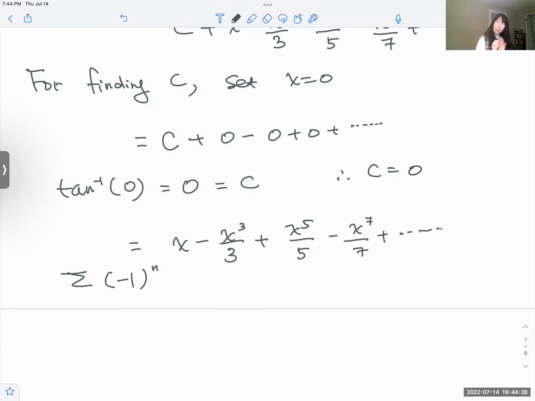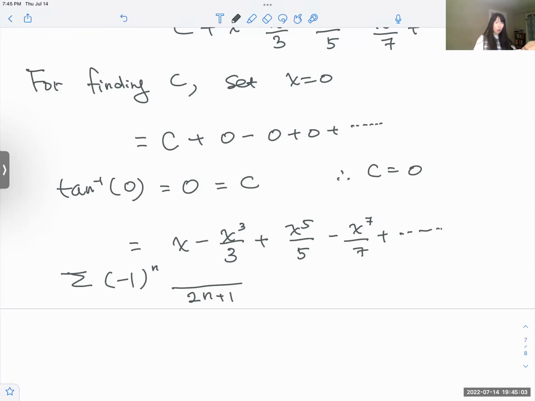How do we indicate that? In terms of n, 2n minus 1 or 2n plus 1 in this case? It increases by 2, doesn't it? Yeah, 2n plus 1 sounds right.